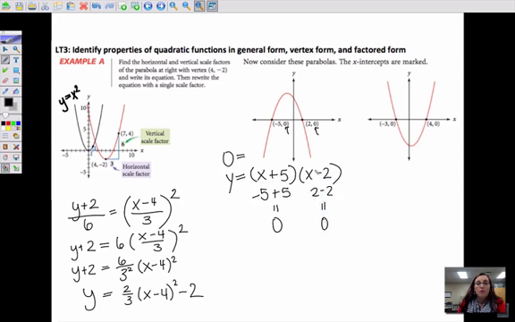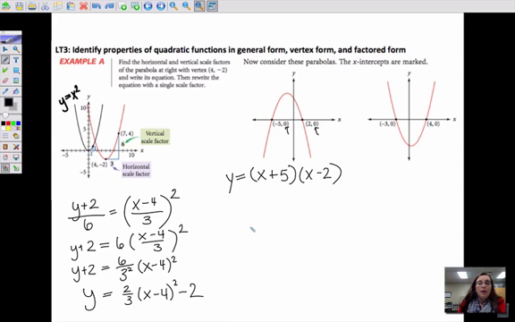So either of those two solutions, positive 2 in for x or negative 5 in for x, will make one of the terms equal to 0. And then the zero product property basically says that it doesn't matter what the other term is. So we can get either term out by plugging in the x value.